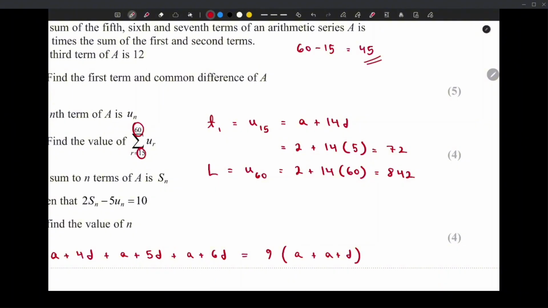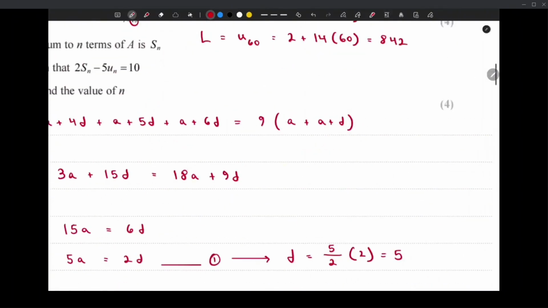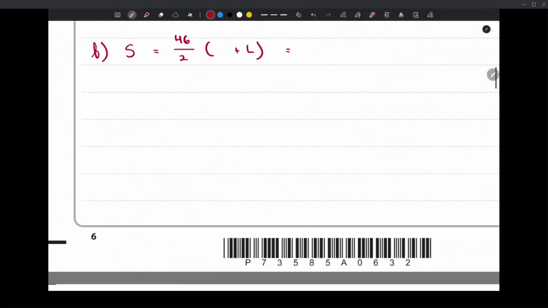Since the 15th term is excluded, we just need to add 1 to it. So we get 46. So this is the value of n. So the value of n is 46 and the value of a is 72. And the value of L is 842, I guess.